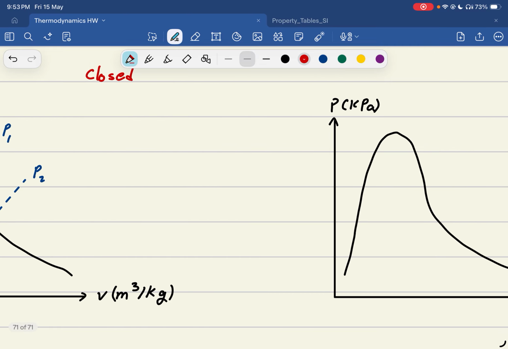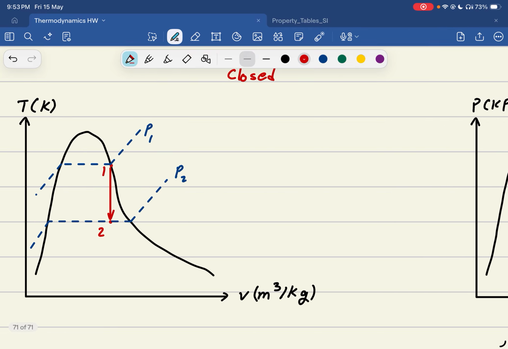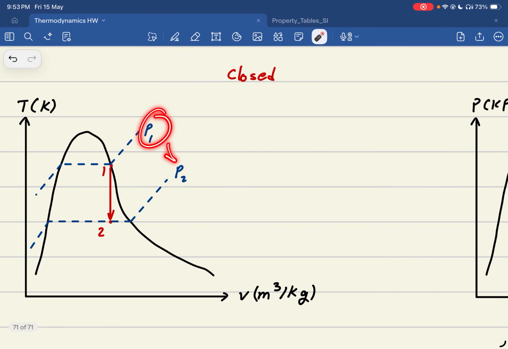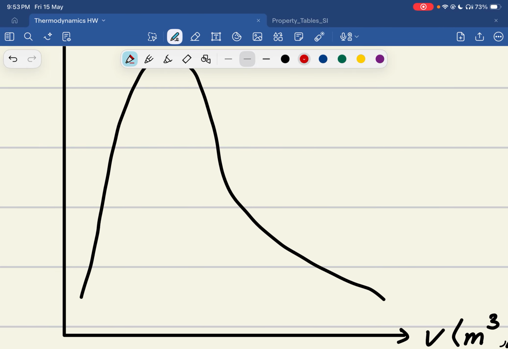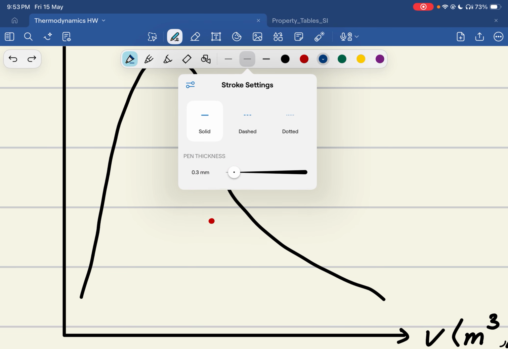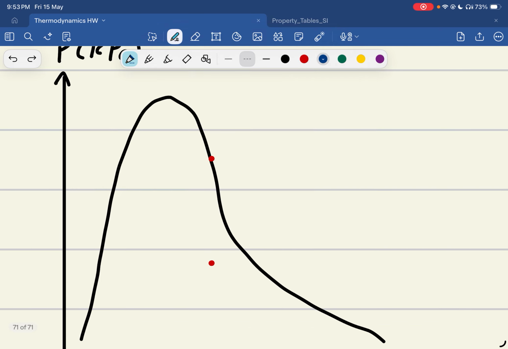For the other diagram, we know P2 is lower than P1, so we can do the same here. If this is on the vapor side, it goes down, and our isotherms go down as well.